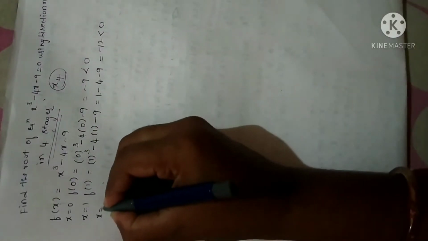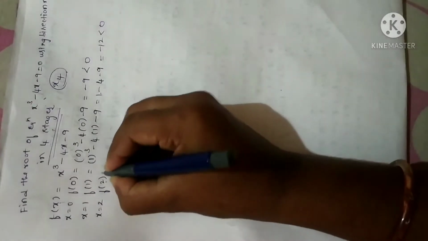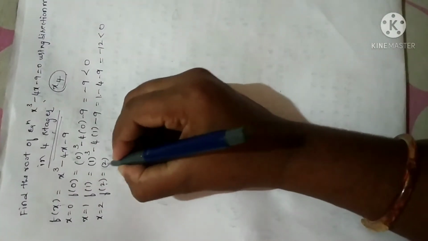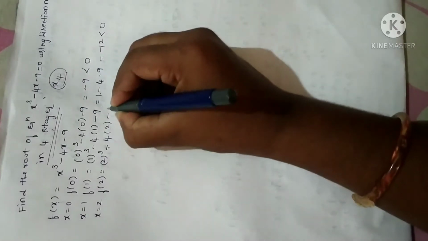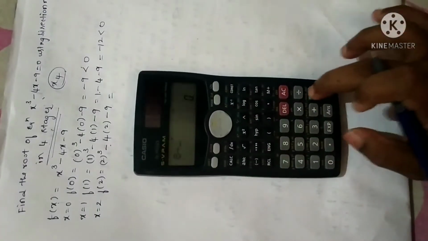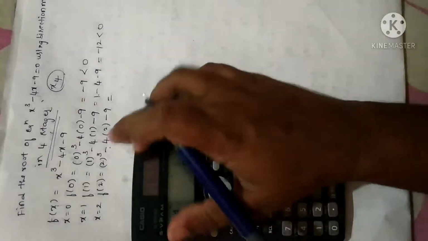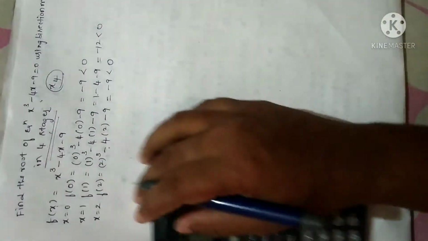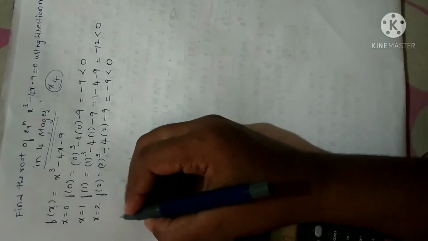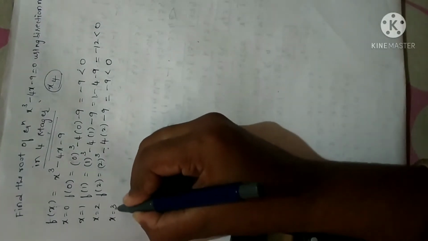Now we have to give x is equal to 2, until we get a positive value. If x is equal to 2, you will get 2 cube minus 4 into 2 minus 9. So 2 cube is 8, minus 4 into 2 is 8. 8 minus 8 will be 0, minus 9 you will get, again it is negative. So less than 0.